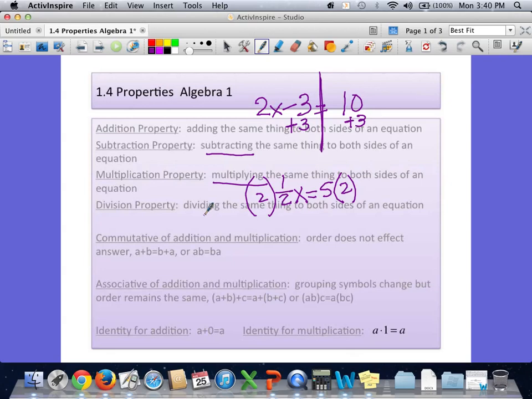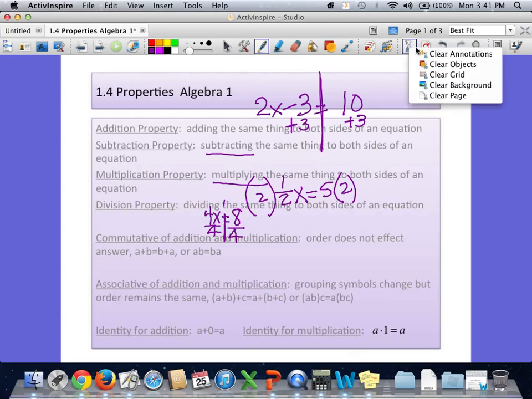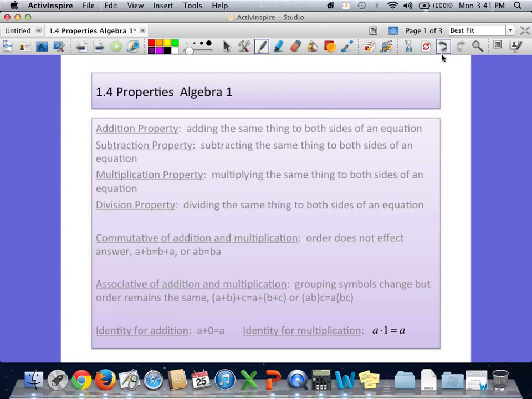So if you had 4x equals 8, and you divide both sides by 4, you would be using the division property. Again, the multiplication, the division, the subtraction, and addition properties all involve an equal sign and doing the same thing to both sides.